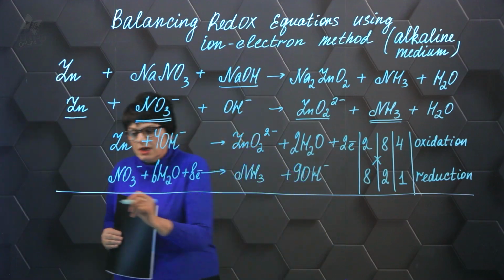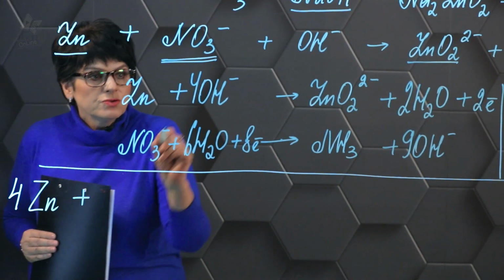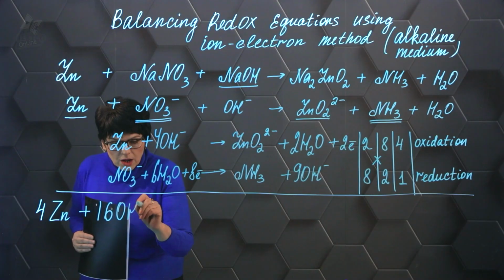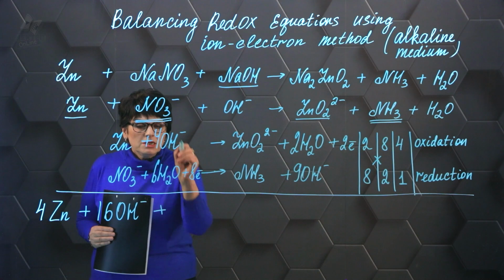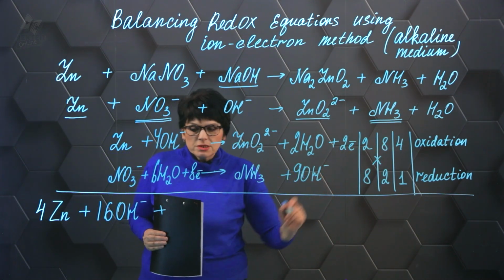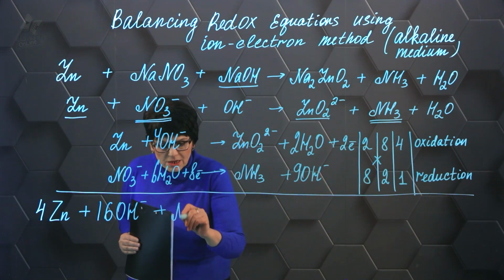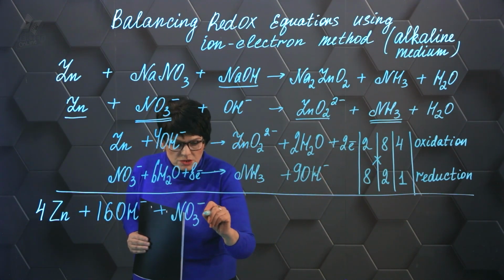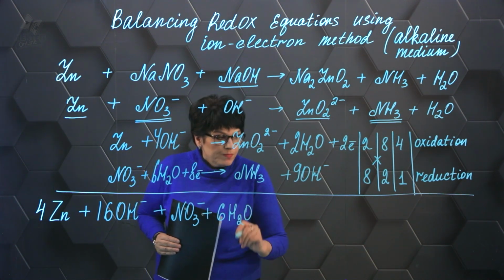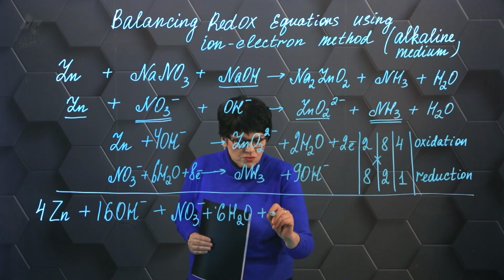For zinc, plus 4 by 4, 16 OH charge minus. From the first half reaction, we took our particles multiplied by 4. In the second equation, the multipliers are 1, hence NO3 minus, plus 6 H2O, and the number of electrons involved, in which case we have 8 electrons.